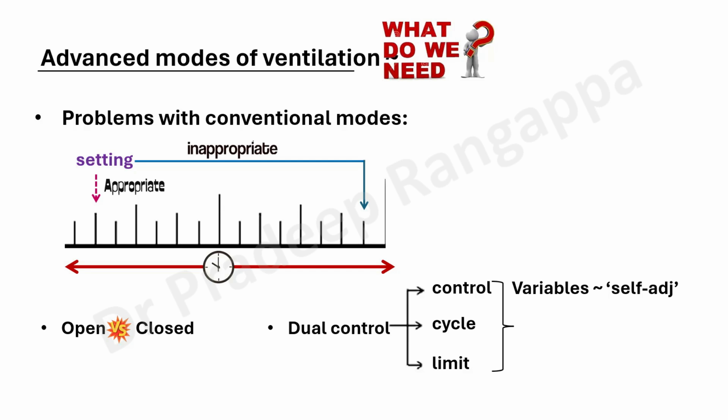All these can be self-adjusted to suit the patient's needs, and it is not limited to a single parameter. Otherwise, in conventional modes, we have to set each and every parameter. Here, there is auto adjustment of certain variables to suit the patient's needs. This is what clever machines do: auto adjustment of certain variables favorably to help the patient have enhanced or optimal ventilation.